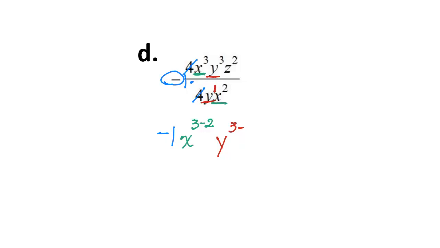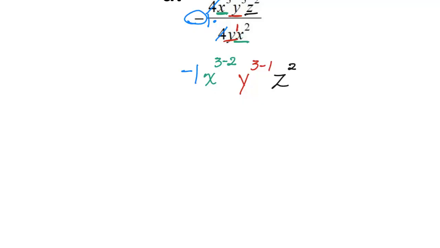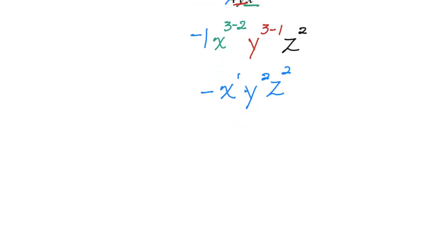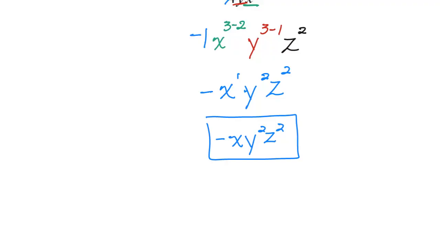So that's y to the 3 minus 1. And then finally I have z squared. So after I simplify this, I have negative x to the first, y squared, z squared. And again, I don't need to have that 1 there. Negative x, y squared, z squared. Any questions on this?